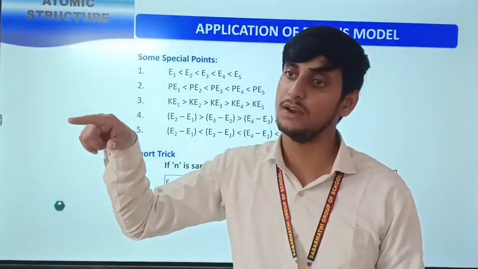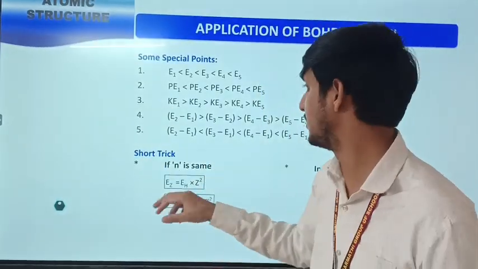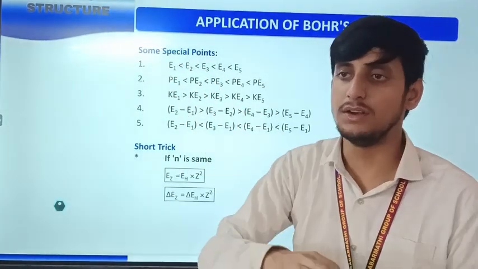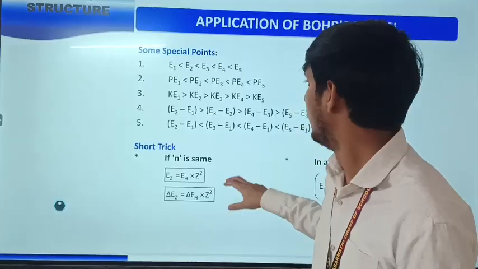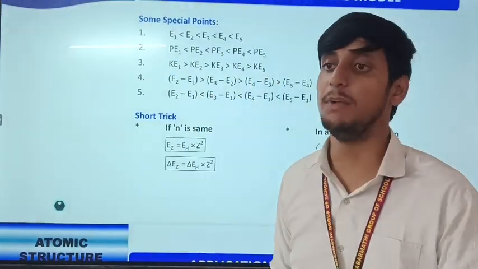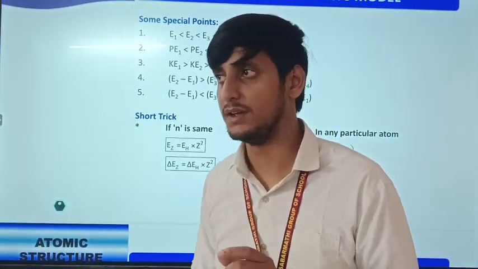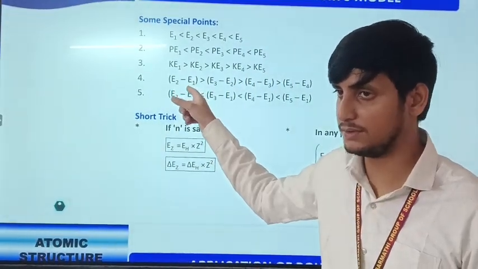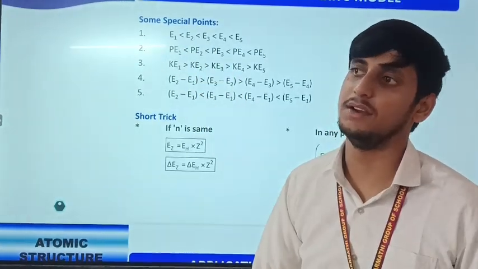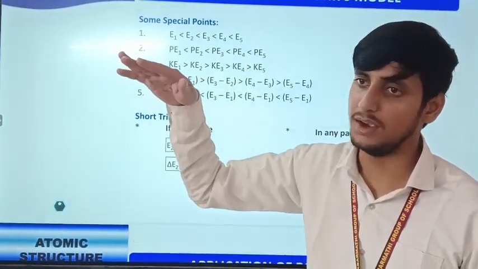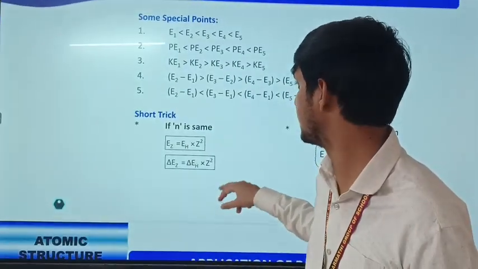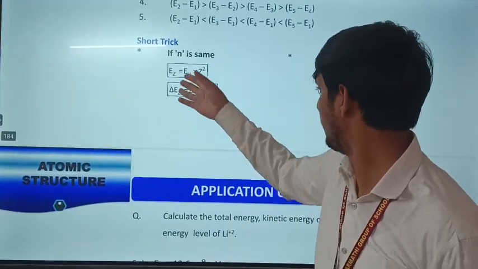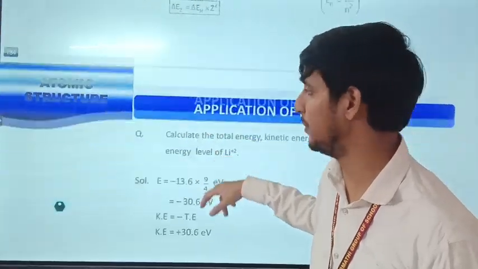Potential energy also increases, but kinetic energy, with the minus sign, is inversely proportional. So kinetic energy decreases, potential energy increases, total energy increases. A short trick you can use for solving numericals.